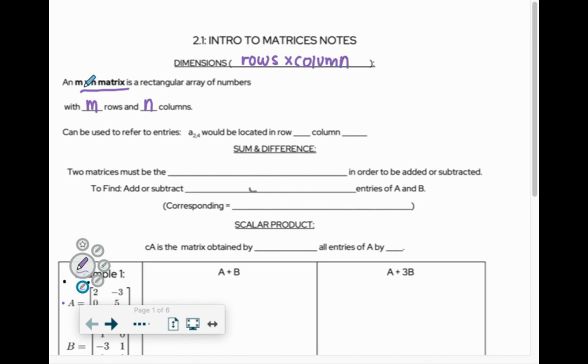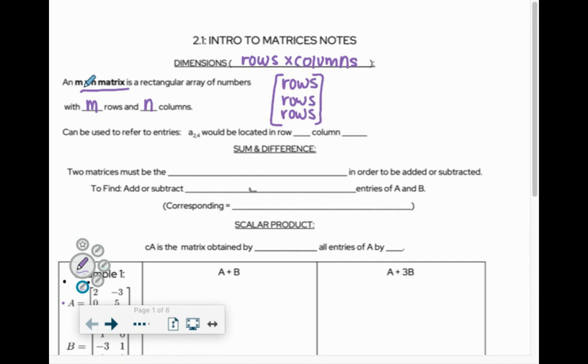Now, I have a feeling that most of you already know what these are, but just to show you an example, rows go side to side like this. And at the edges, we put a bracket that encloses the whole thing so we know where our matrix ends.